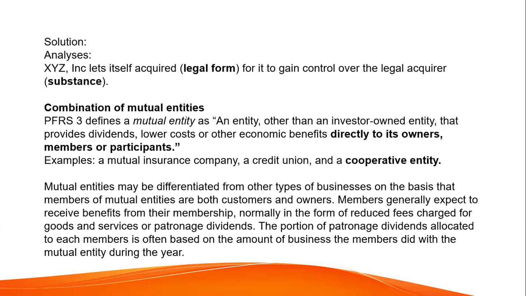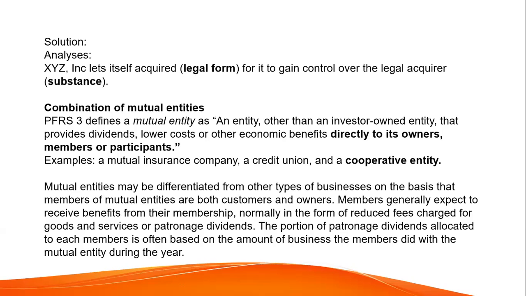In substance, XYZ gains control over the legal acquirer, though initially XYZ is just the acquiree. After the combination, XYZ gains control because it now owns 80% of ABC.